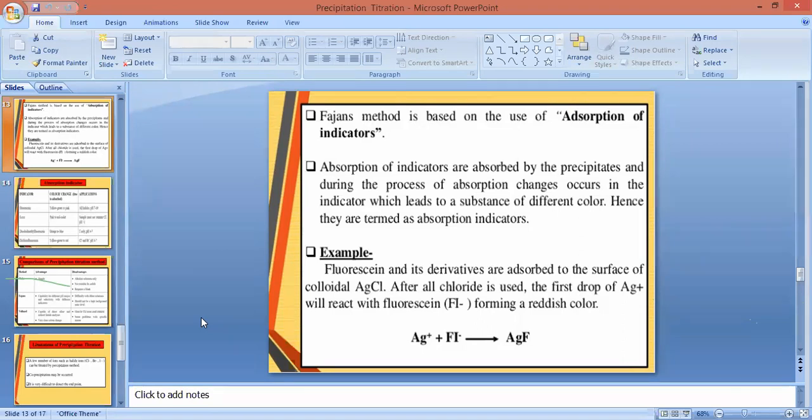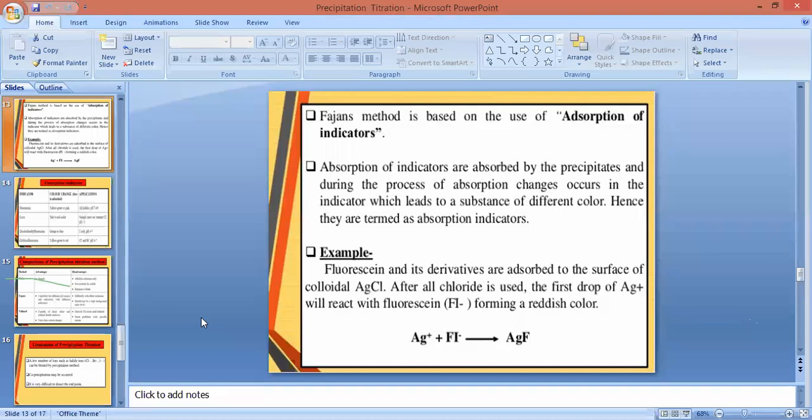At that moment, the indicator present in the conical flask will adhere over the formed precipitate and a color change occurs. That indicates the end point of titration. The indicators are adsorbed by the precipitate, that is AgCl, and during the process of adsorption, changes occur in the indicator which lead to a substance of different color. Hence, they are termed adsorption indicators.